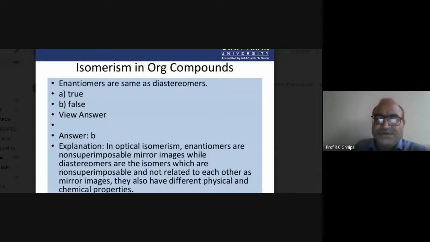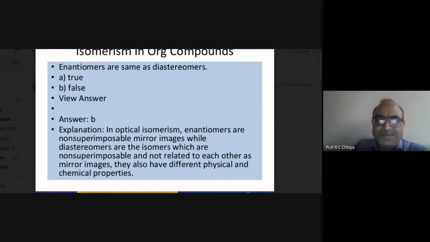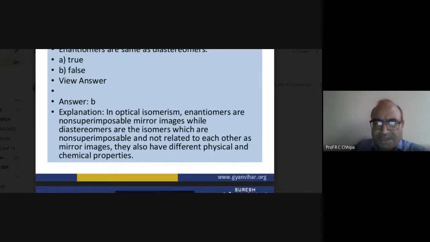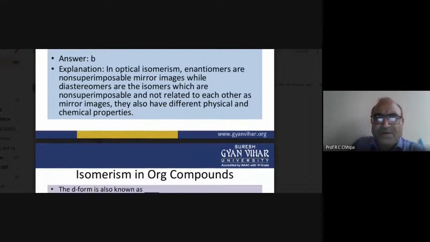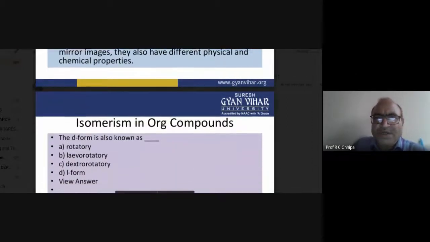That is a question on stereoisomerism, and the correct answer is B. The explanation: in optical isomerism, enantiomers are non-superimposable mirror images, while diastereomers are isomers which are non-superimposable and not mirror images of each other.